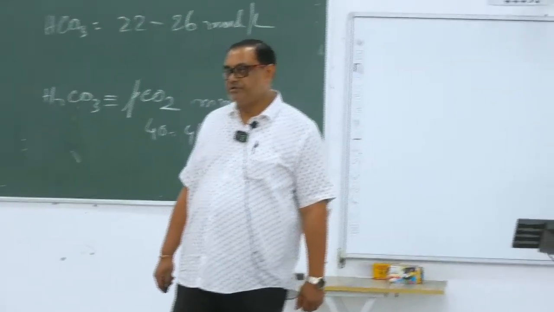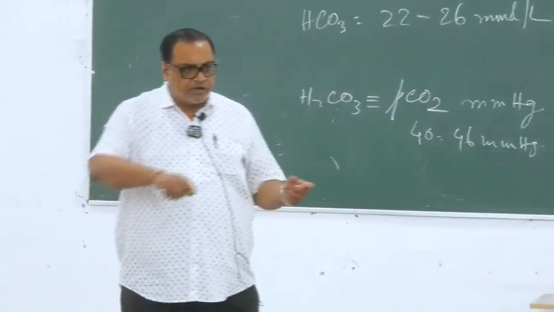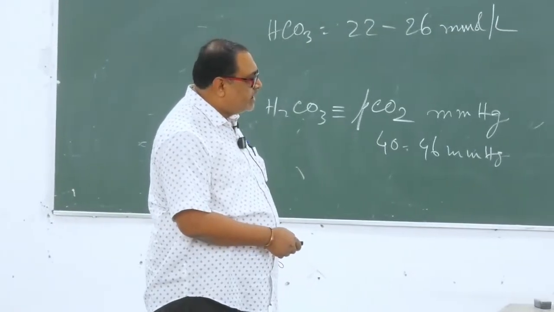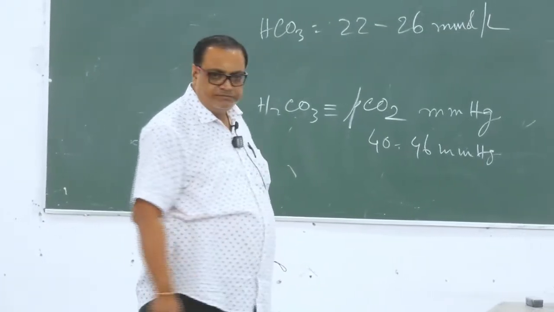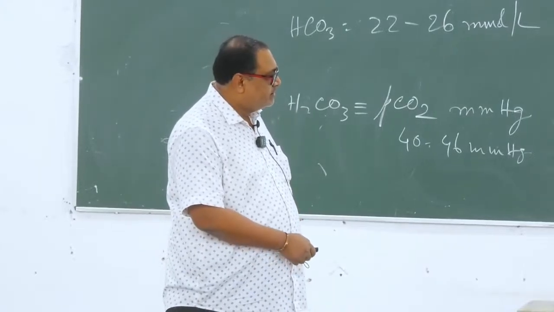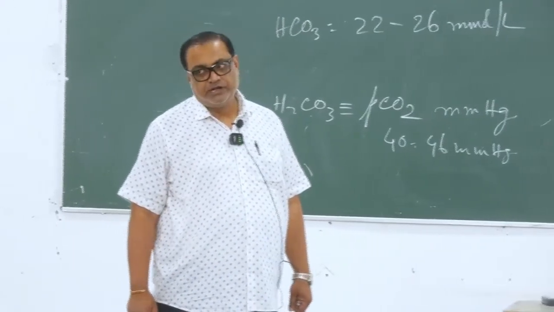It's called reverse chloride shift. The same thing will occur in the opposite direction. The bicarbonate will combine with H plus ion to form H2CO3. What is the enzyme? Same enzyme, carbonic anhydrase.